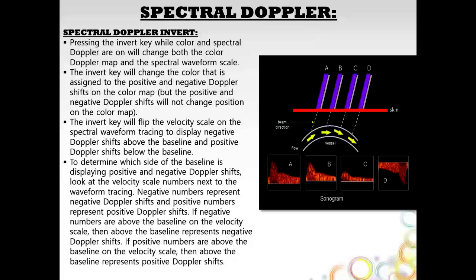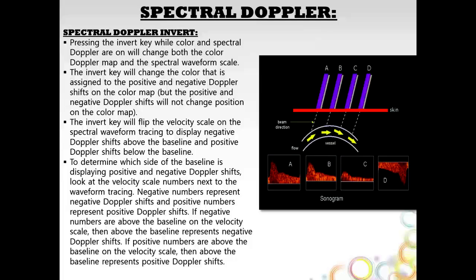Spectral Doppler invert. So you can press the invert key, and this is going to change, just like our color map changes the color that's represented above or below the baseline. This changes how the waveform is getting picked up on that color map.